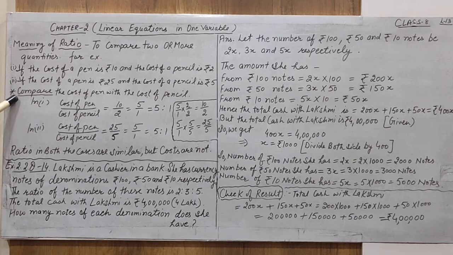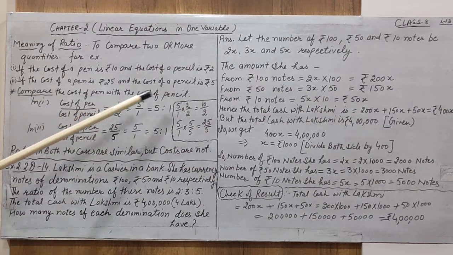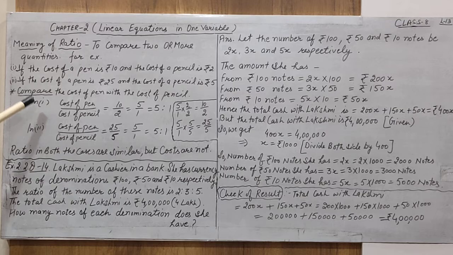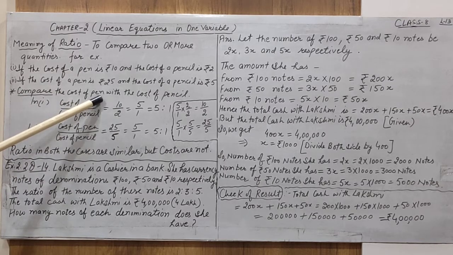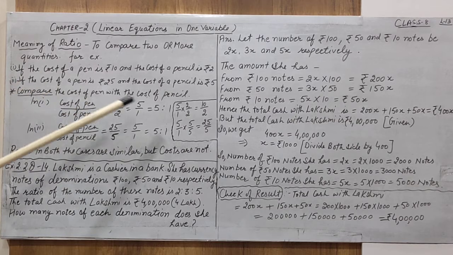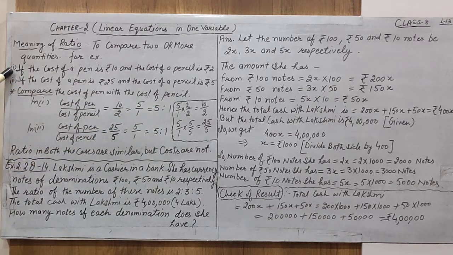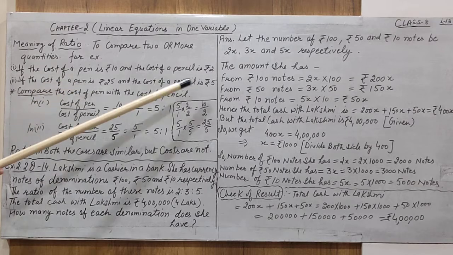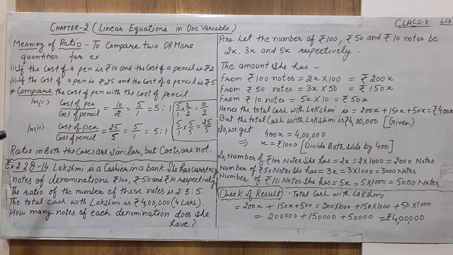Now, compare the cost of pen with the cost of pencil. We have to compare these costs: the cost of pen in the first case and the cost of pencil in the first case. That is, in the first case, the cost of pen and the pencil are compared, and similarly for the second case, the cost of pen and the pencil we have to compare.